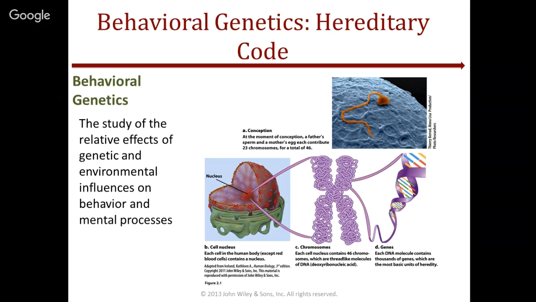So from the very beginning, conception occurs. We receive 23 chromosomes from our mom. We receive 23 chromosomes from our dad. And then in total, we have 46 chromosomes. Then from that point, in our cell nucleus, we have the nucleus, the cell body, beginning to grow. And then eventually, that nucleus will grow into chromosomes, creating our DNA.